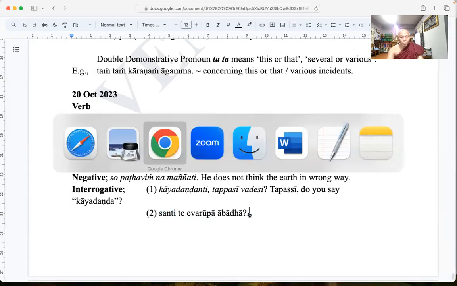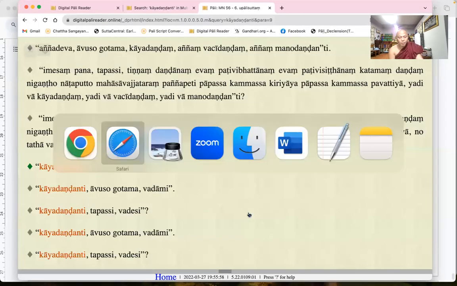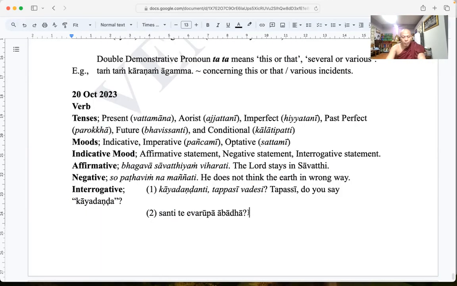So now, "di" here means "to you", or maybe "you have". Do you have? So that is one. "Santi de ewa rubada." So do you have disease?